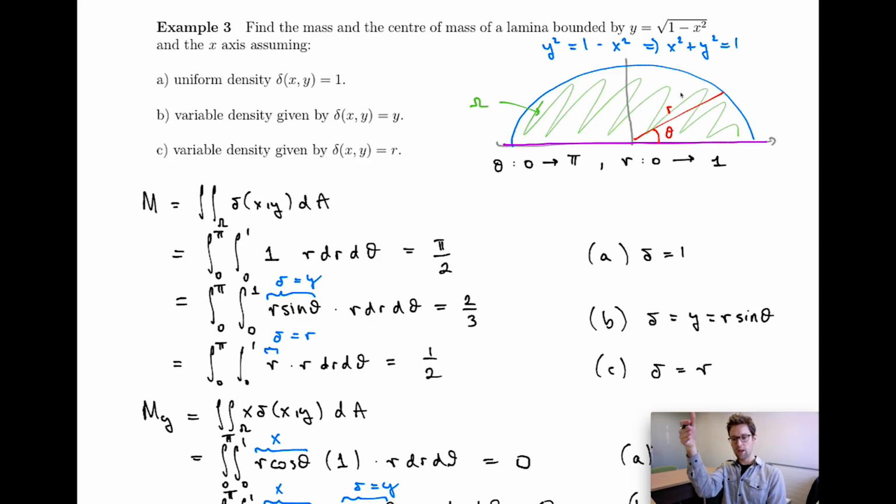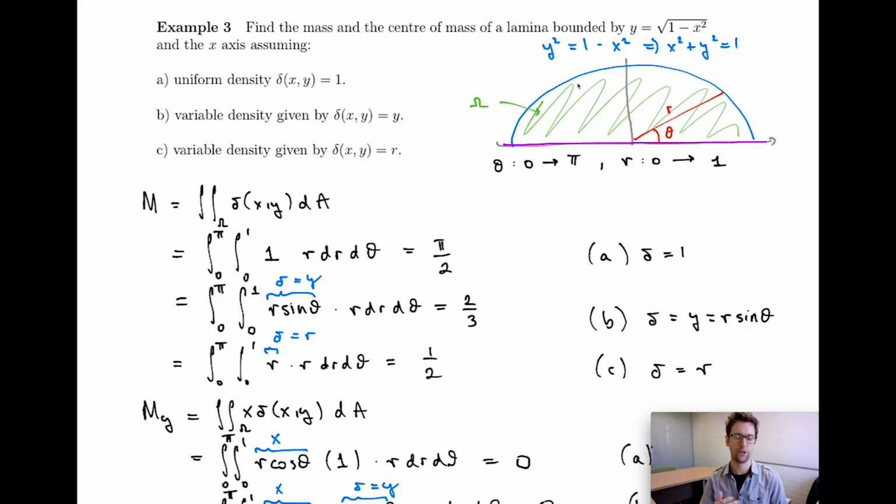Have I got the same lever force pushing it about the y-axis to one side as I do a lever force pushing it about the y-axis towards the other direction? Now for a uniform density, that's very clearly the case. It's almost like I've got a seesaw here with exactly the same amount of weight on one side as I have on the other side, so the seesaw is perfectly balanced. So there's no net lever force.